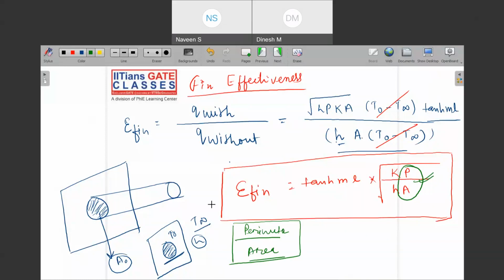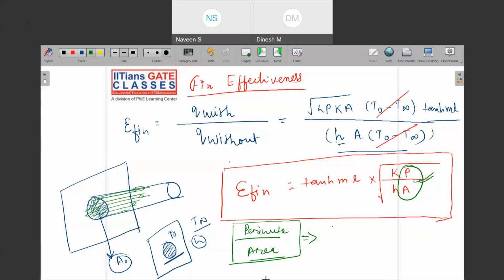And in order to get a higher value, you will install what? Thin fins and closely spaced. Then you are talking about this area, and then your P upon A is higher. It is possible only when you install so many thin fins, then you will have higher perimeter values. So your P upon A value should be higher.